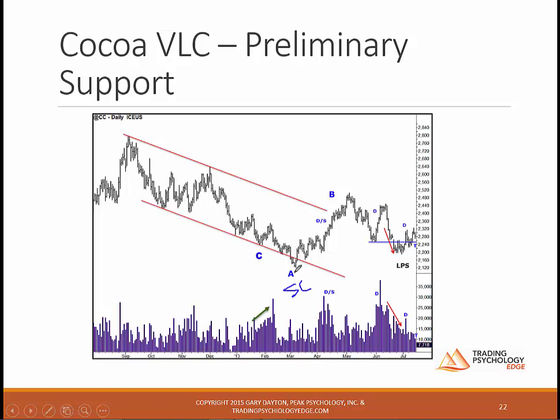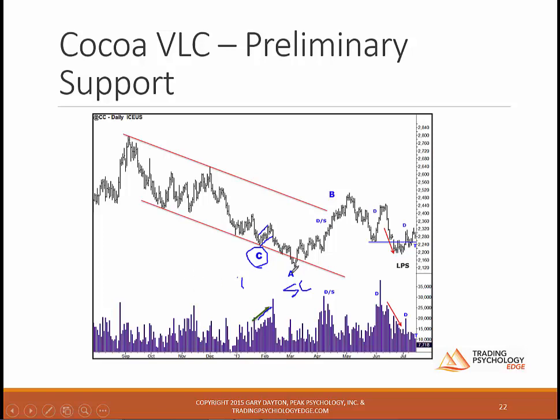Doesn't quite happen here. But notice here at C where we get this rally. It's not a stellar rally, except look at the volume. It's big and it increases on the rally. We wouldn't know it at the time. We have to look at this stuff after the fact.